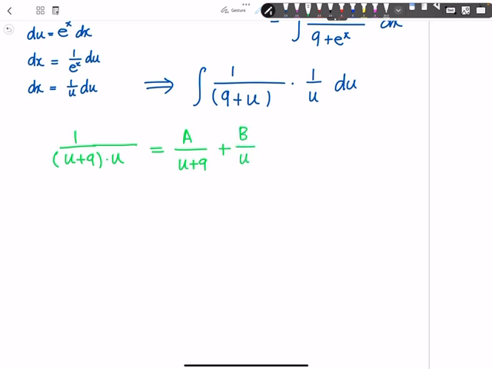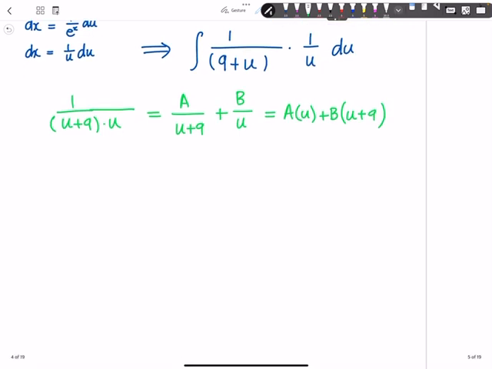If we were to add these two fractions, cross multiplication gives a times u plus b times u plus 9. So what we have here is that 1 is equal to a times u plus b times u plus 9.